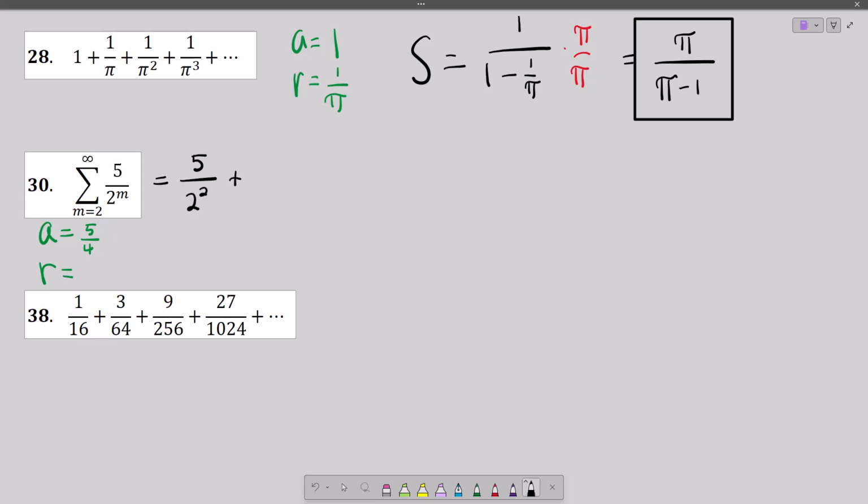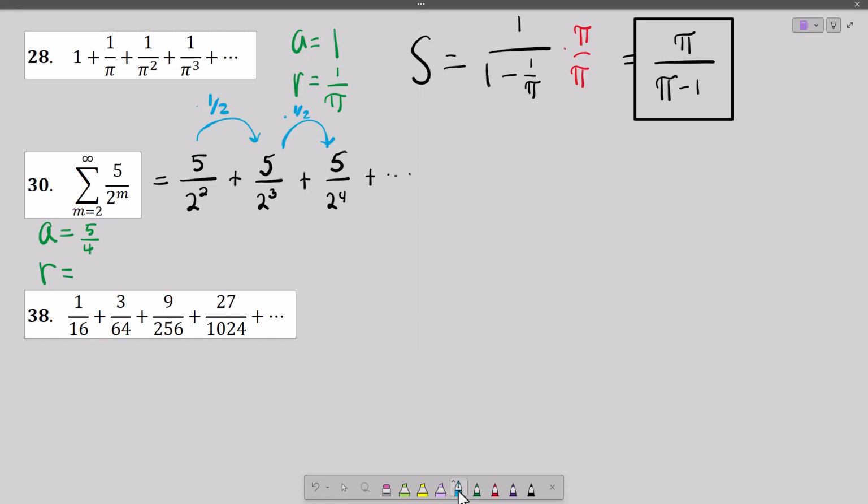The next term, notice there's no m in the numerator. So there's a 5, and then it will be 2 cubed. And then it's 5 again, and 2 to the 4th, plus etc. So the common multiplier, we are doing repeated multiplication by 1/2.